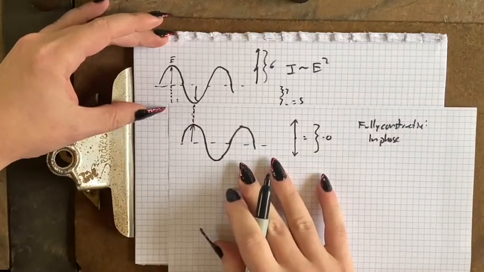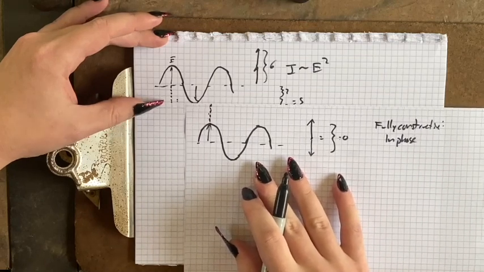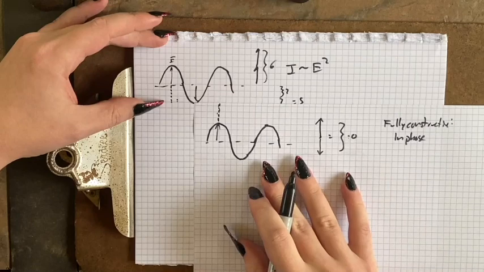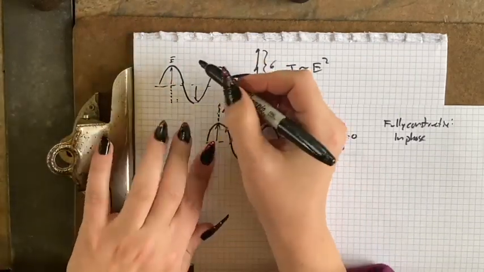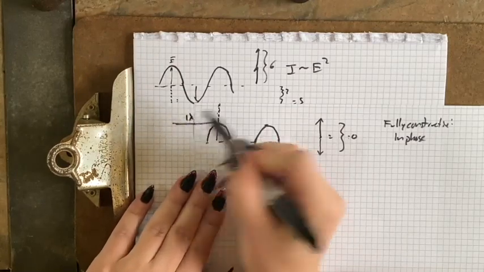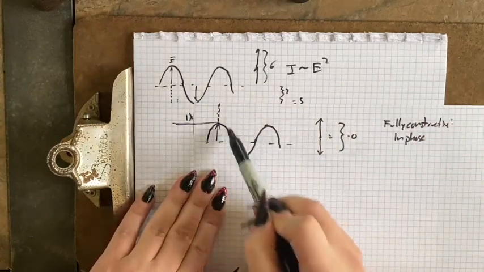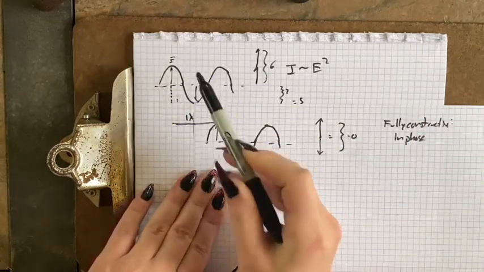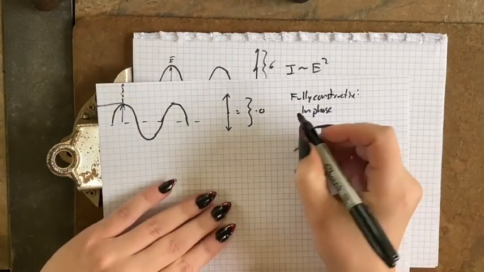Here we start to see other interferences, a little bit more destructive, fully destructive, starting to get constructive again. What about here? If you make a full wavelength difference, this will be a change of 1 wavelength. This also looks like it's in phase. We've gone a full cycle and now they're still back in sync, even though one had a head start. So we want to say in phase.